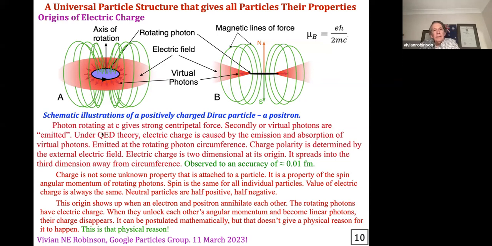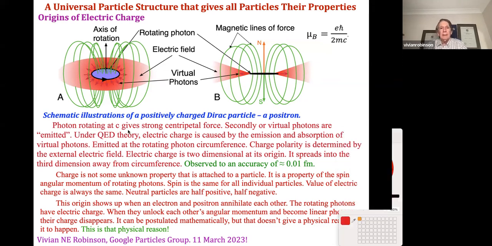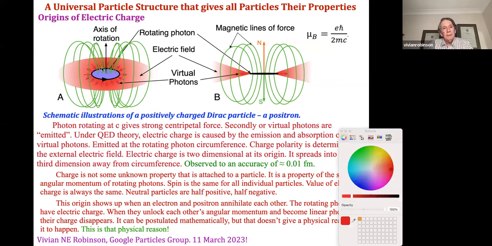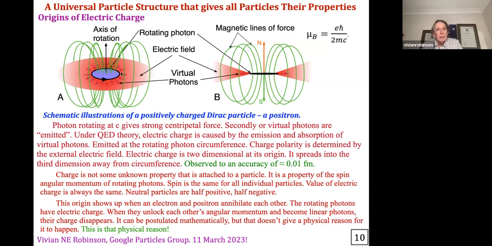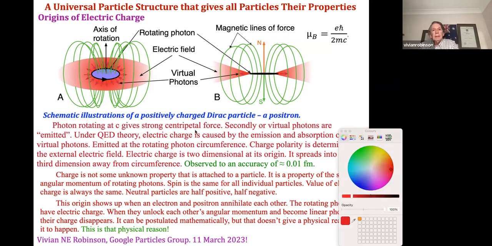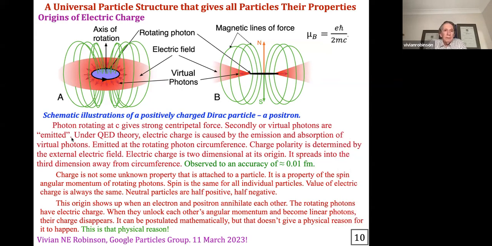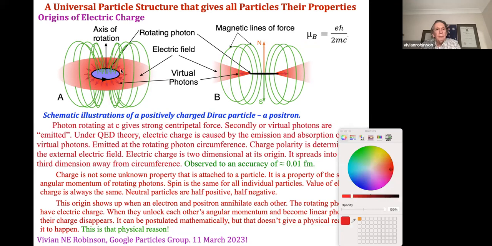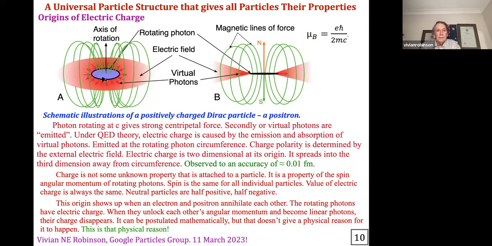Now, the photon rotating at the speed of light at a very small diameter generates what you call a strong centripetal force. Secondary or virtual photons, which are the field particles of photons, are basically just thrown out. And they're virtual photons because if they don't interact with something else, they'll just be reabsorbed for conservation of mass purposes.